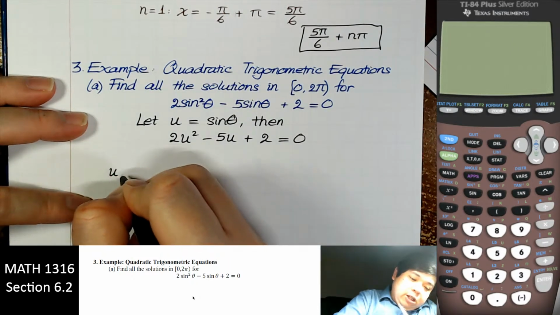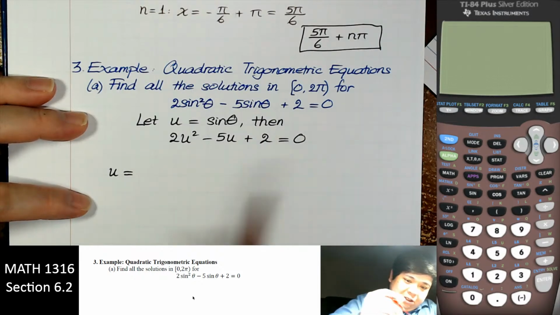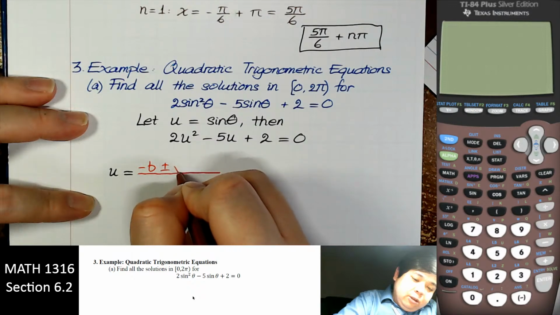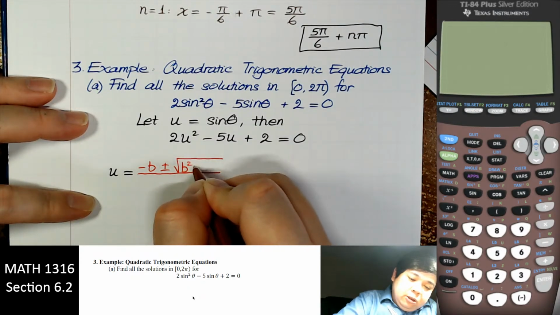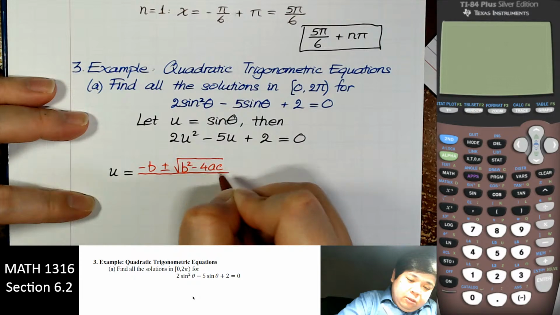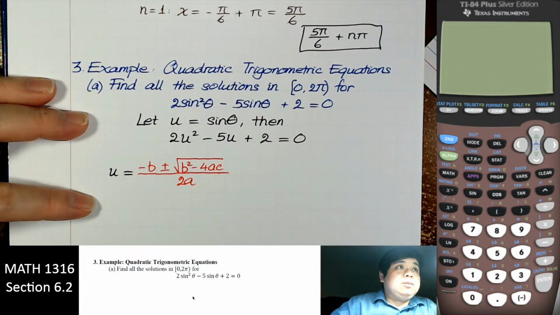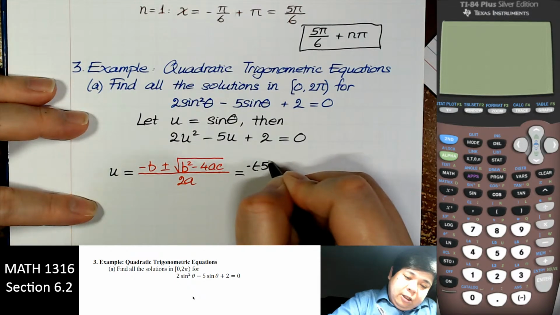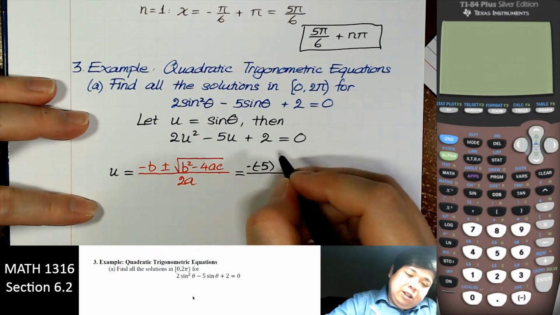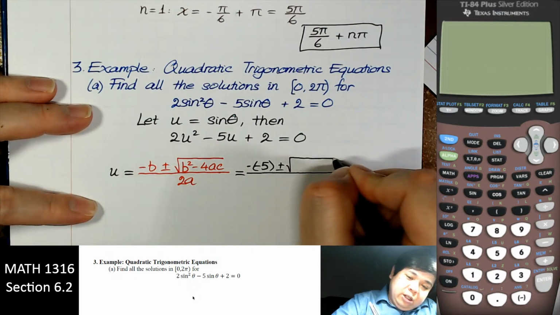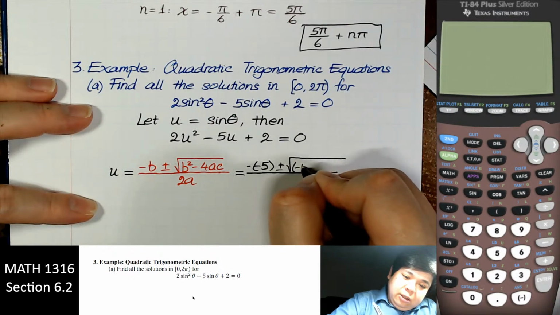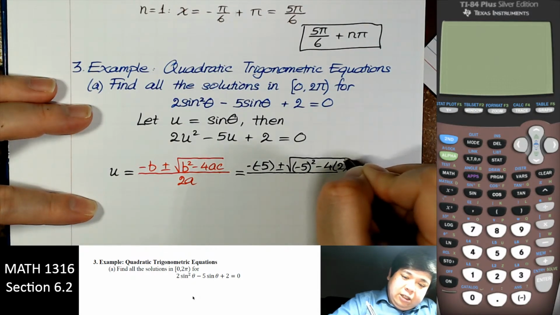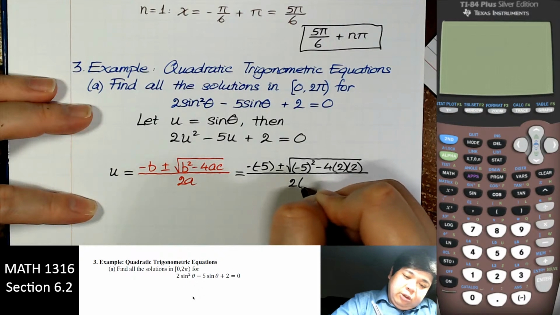And then this is just a quadratic equation. So the formula is the quadratic formula: negative b plus or minus square root of b squared minus 4ac over 2a.